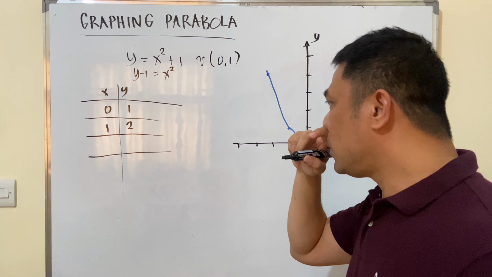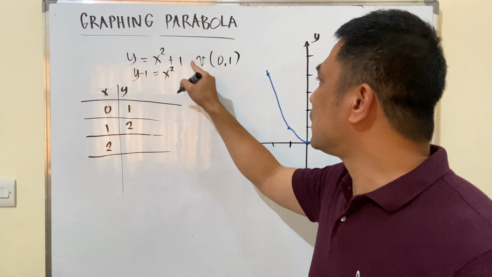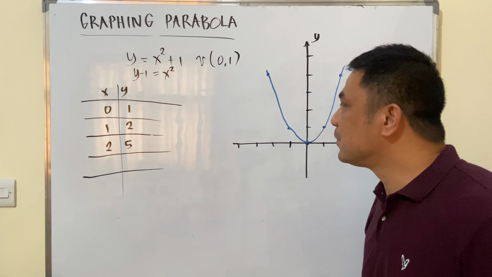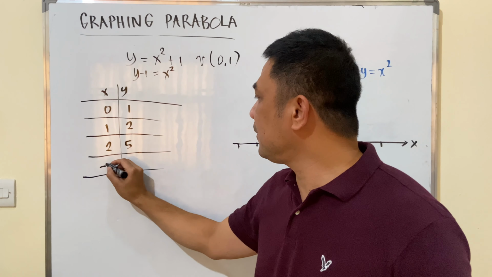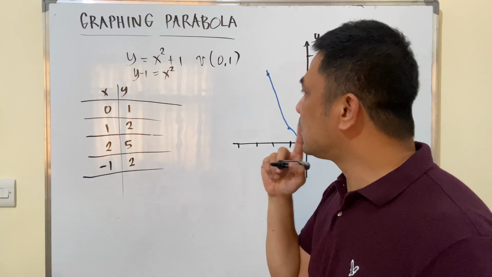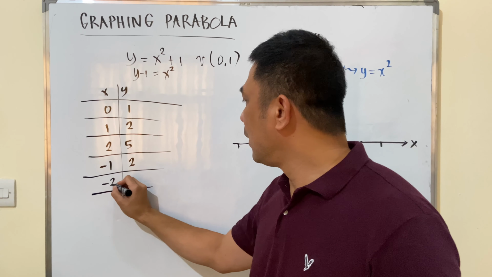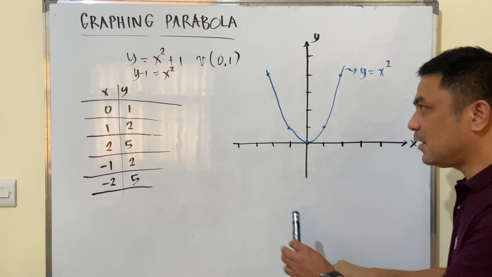And then x equals 2, so 2 squared, that is 4 plus 1, that is 5. And then let's try negative values. So x equals negative 1, y is equal to 2 also. And then x equals negative 2, y is equal to 5. So I think this set of points is enough.